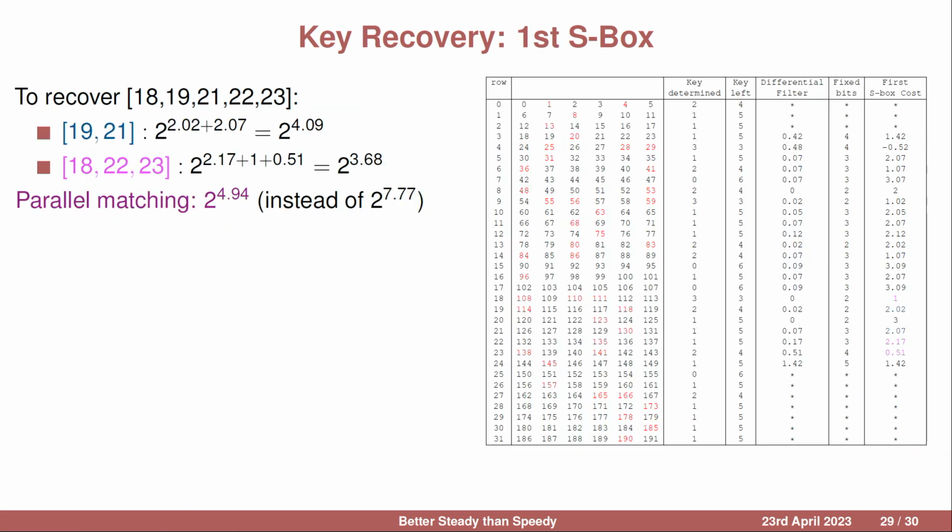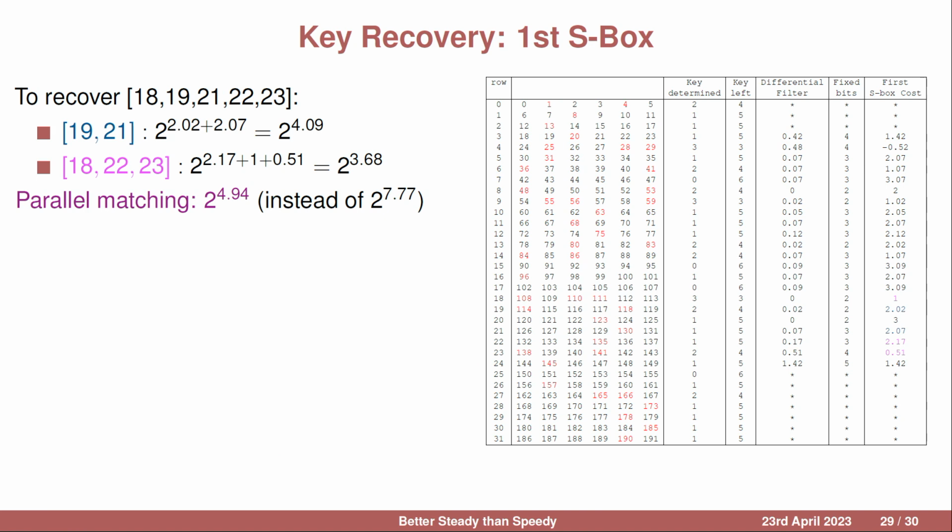Now, I assumed before that we know some rows, so 18, 19, 21, 22, 23, etc. To record them, we build this table here that summarizes the knowledge we already have from the output and the amount of key we are left to guess. And we can write down the cost we are left to pay.